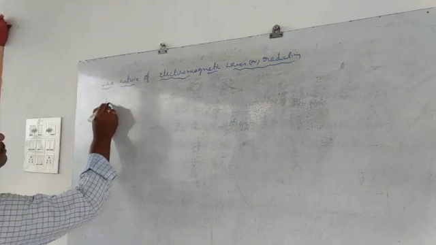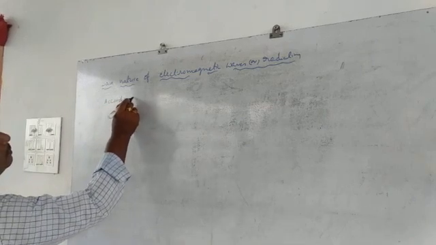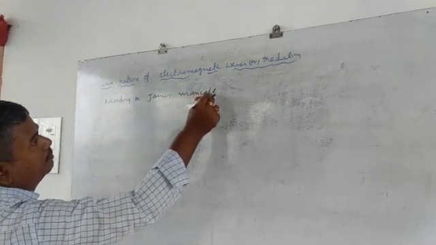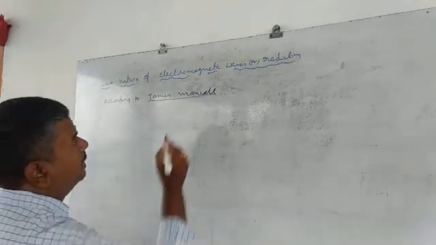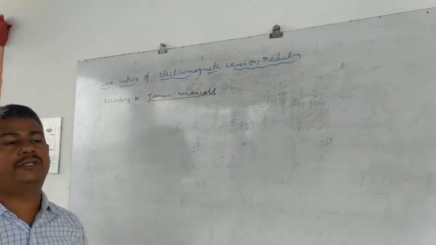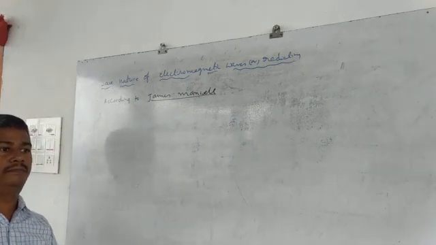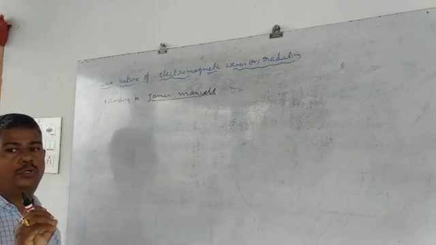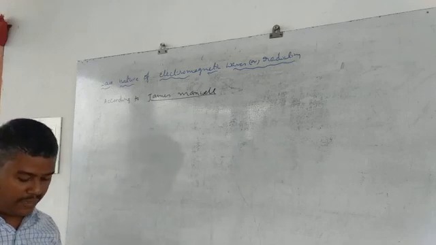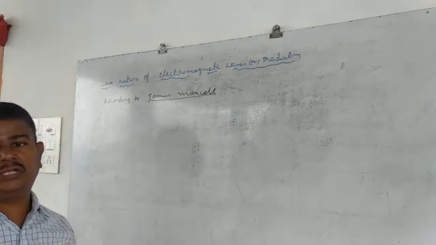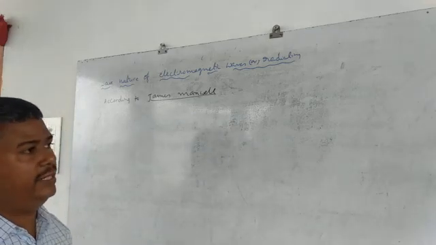According to James Maxwell, when electrical and magnetic fields oscillate continuously, they produce electromagnetic radiation. That means the radiation is produced by the changing strength of electrical and magnetic fields.